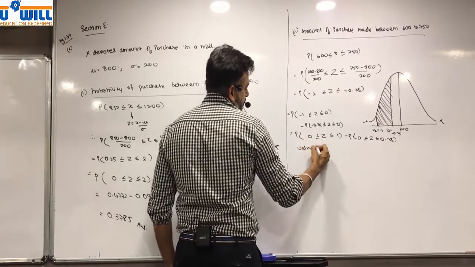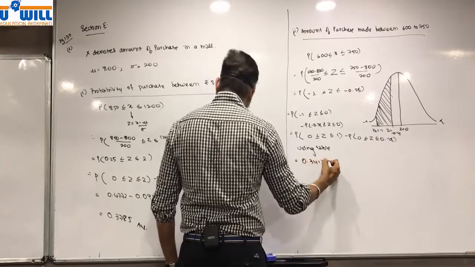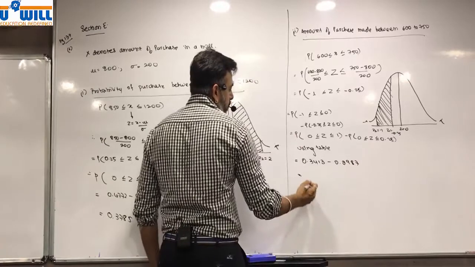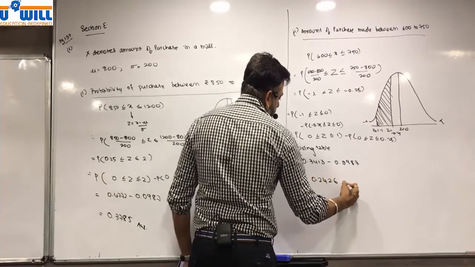Using table, it is equal to 0.3413 minus 0.0987, which is 0.2426. Answer.